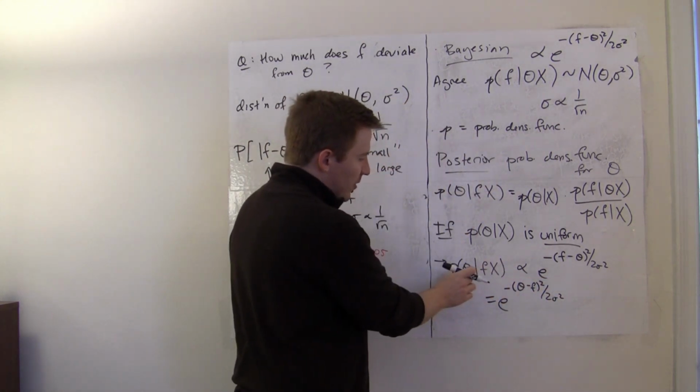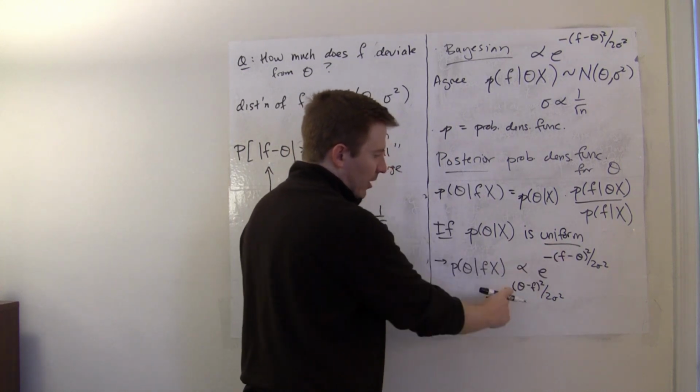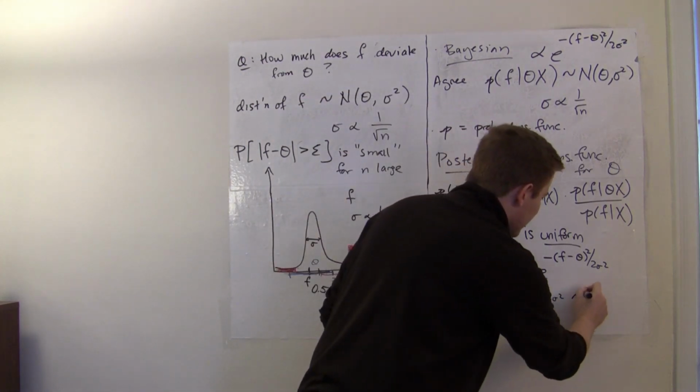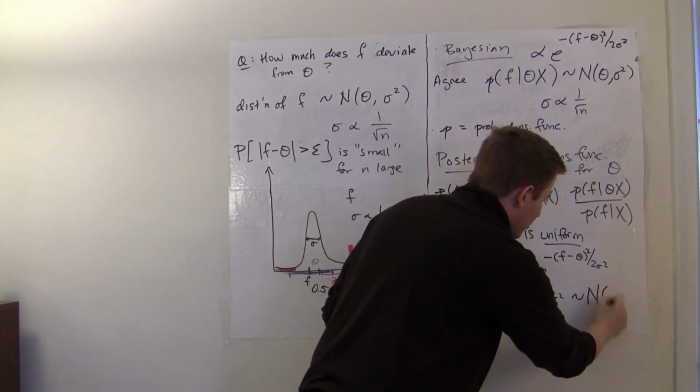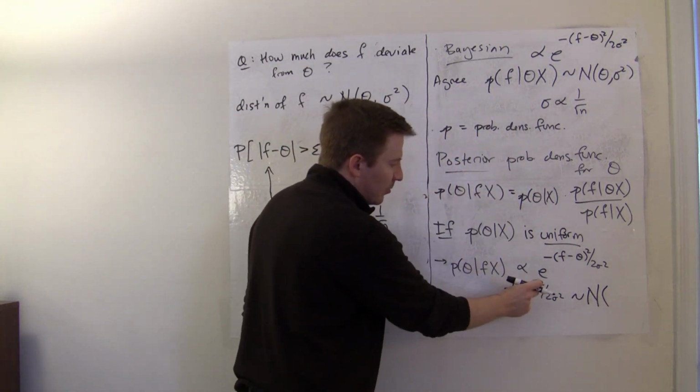So what it means for this posterior probability assignment to be proportional to this quantity, now thinking of it as a function of theta, is that this is the normal distribution for theta with a mean that's equal to f.